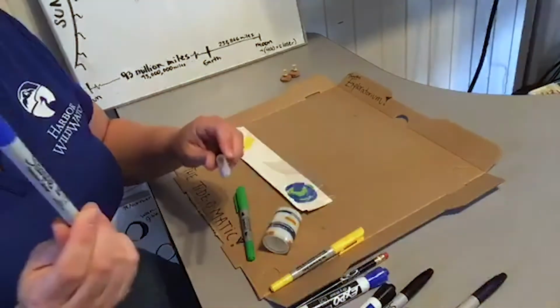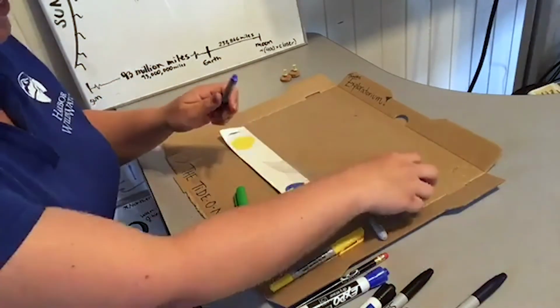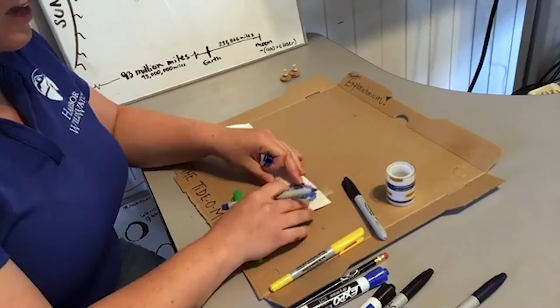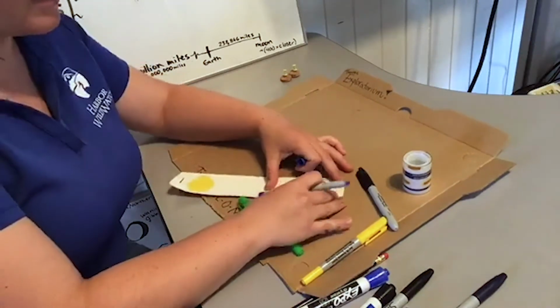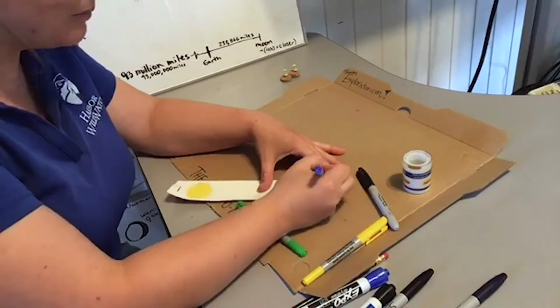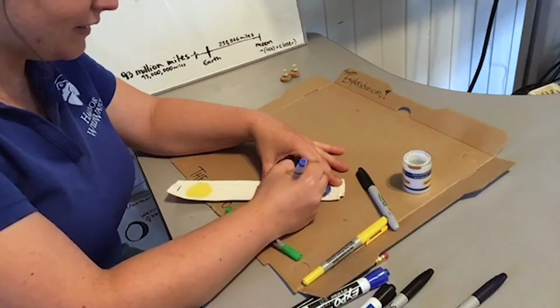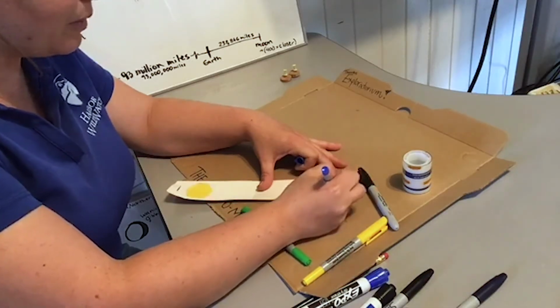I have a blue permanent marker or a black permanent marker if you don't have some fun colors. We're going to add another bulge that's bigger than our sun bulge. This, I guess, pimple is going to be the moon pimple. And so I want you to draw that a little bit bigger than your sun pimple.